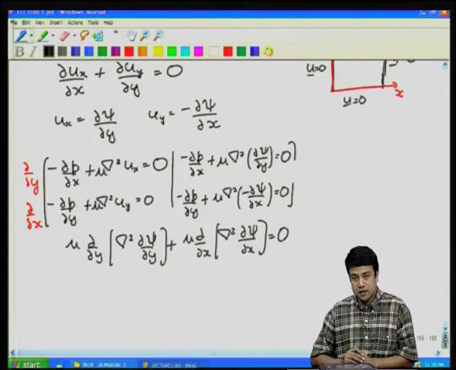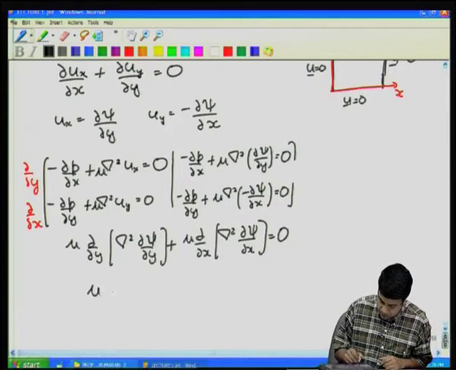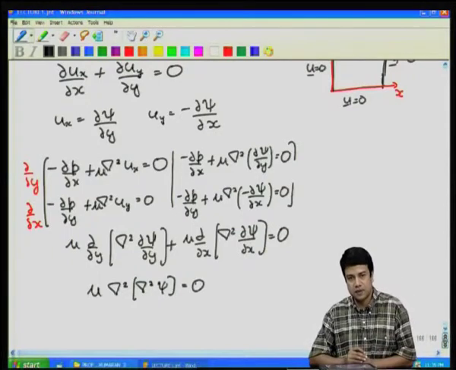Of course, I can interchange the order of differentiation, and if you do that, what you will get, as you can see quite easily, is that mu del square del square psi is equal to 0. Okay.